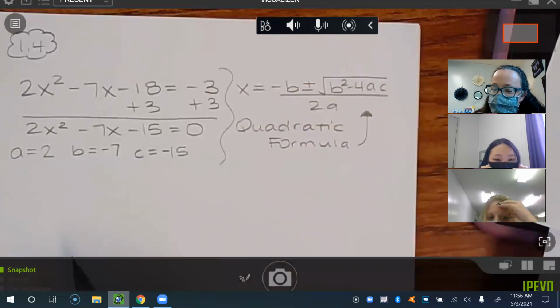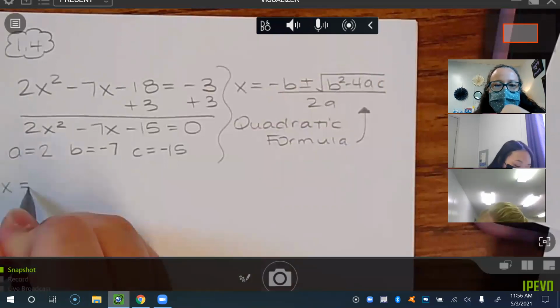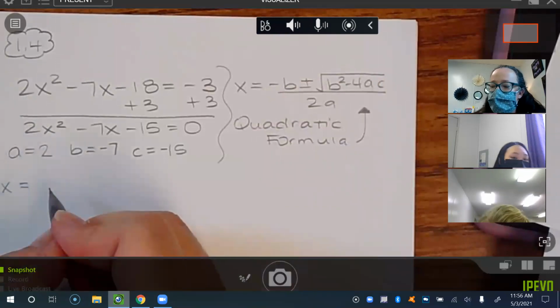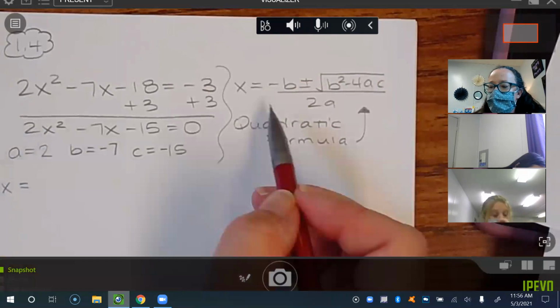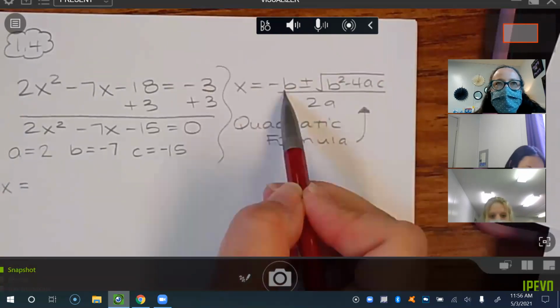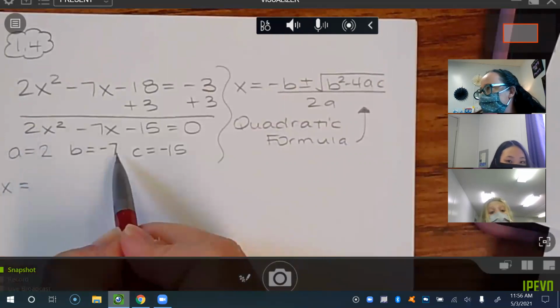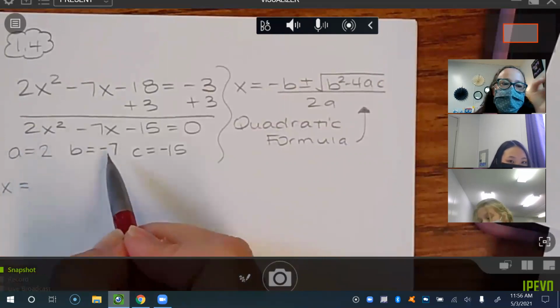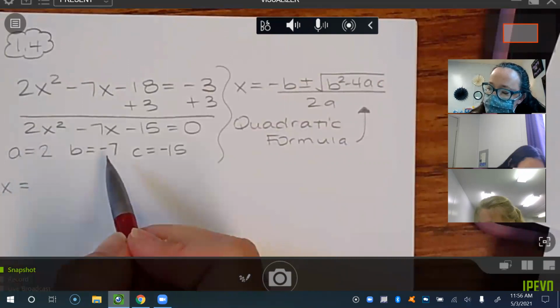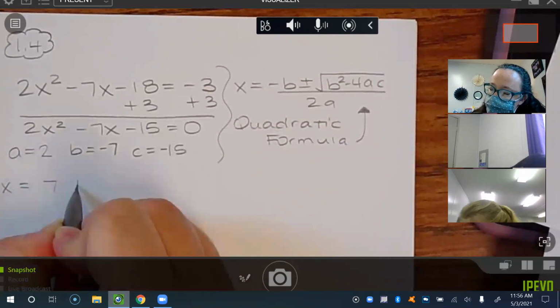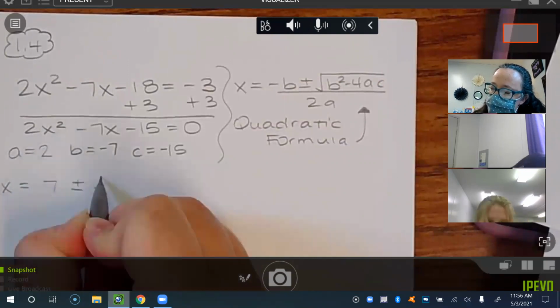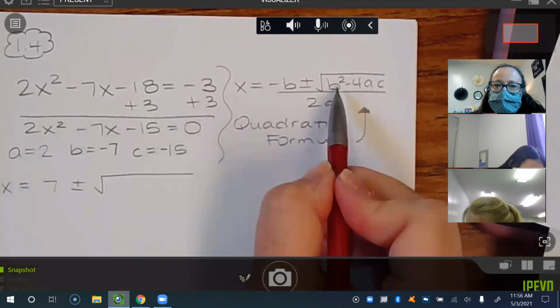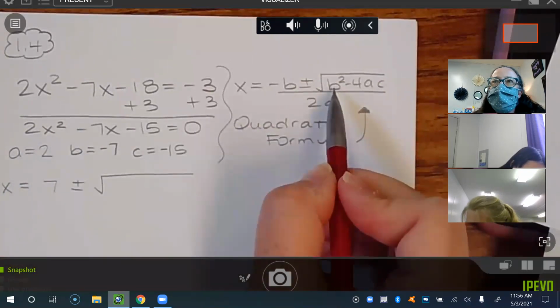Okay, so then I go x equals. Now here's where students mess up. What's the first thing in the formula? Negative what? B. And what is our B? -7. So what's going to happen? It's +7. That's right. So that's a +7. And then plus or minus right here, when your B is negative, what is -7 squared?